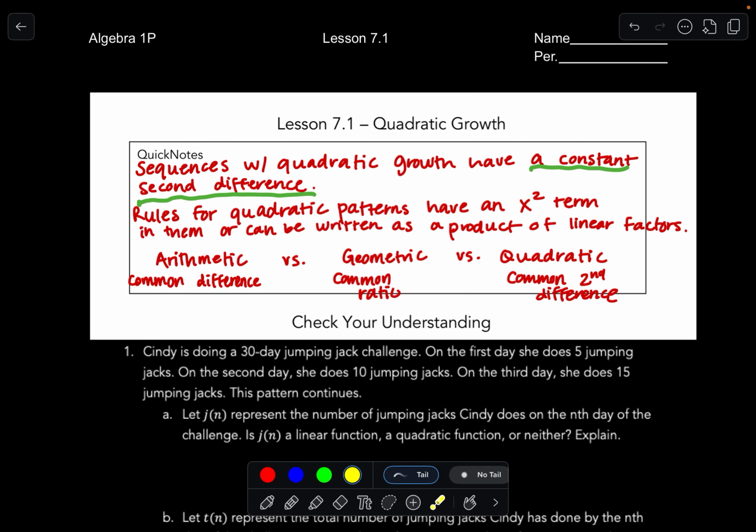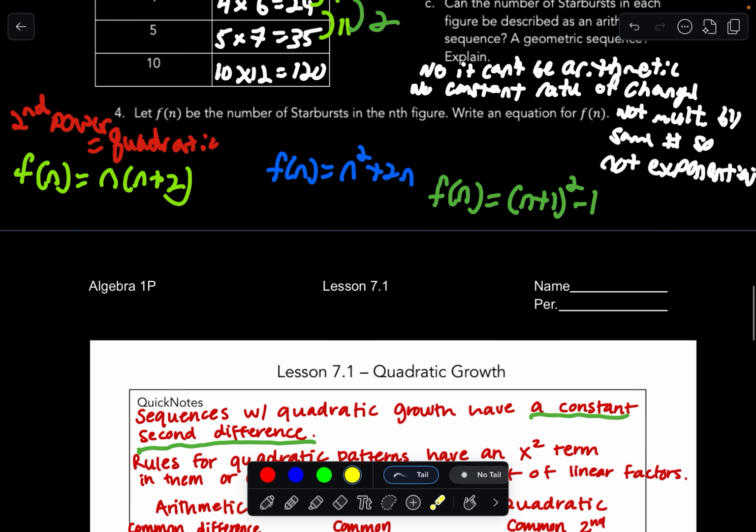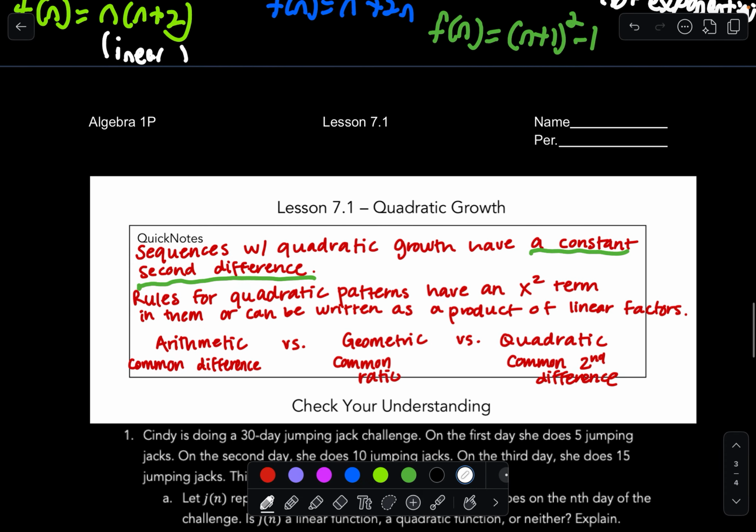So rules for quadratic patterns have an x squared term in them, or can be written as a product of linear factors. Notice, right here, these are linear: n times n plus 2. The product of linear factors makes it quadratic.